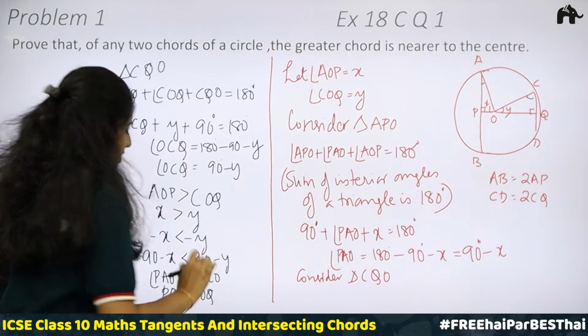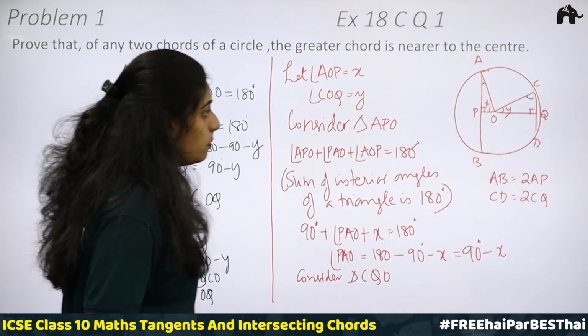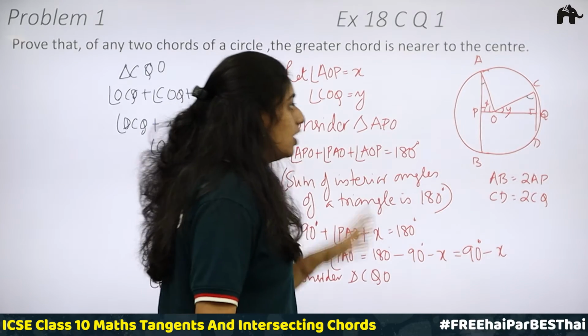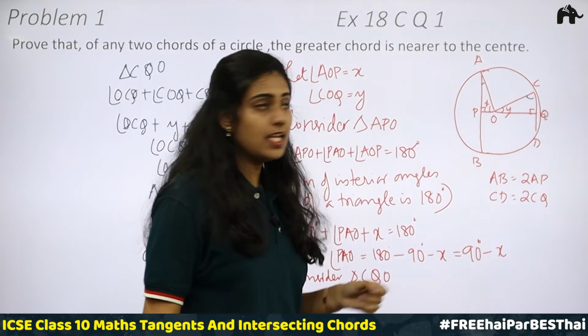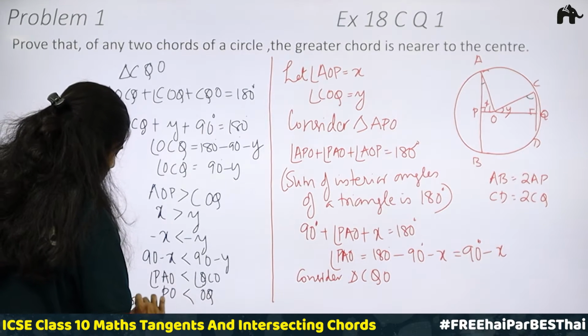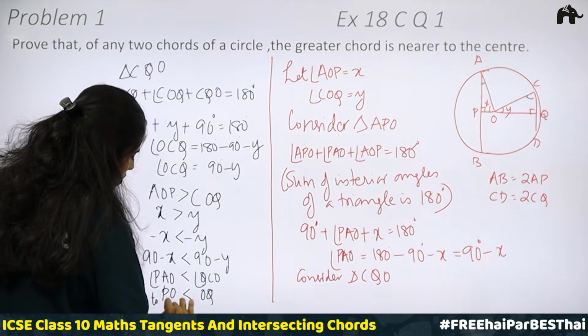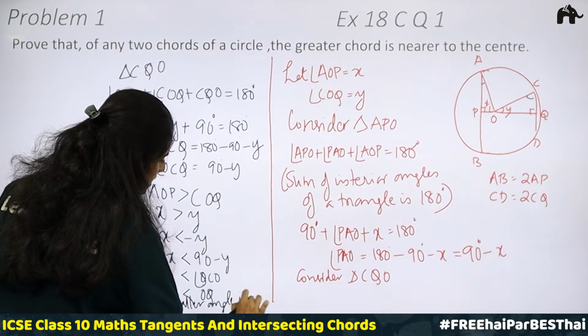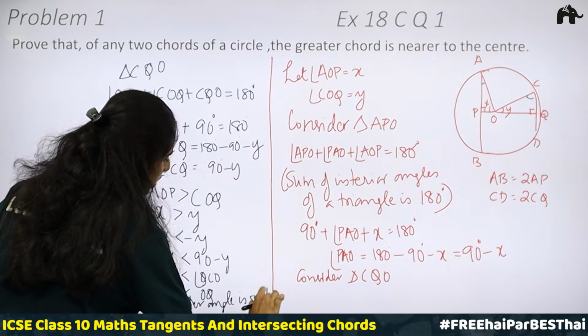What is the reason? The side opposite to the smaller angle will be smaller, or the side opposite to the greater angle will be greater. Sides opposite to a smaller angle are smaller. So this is the required proof.